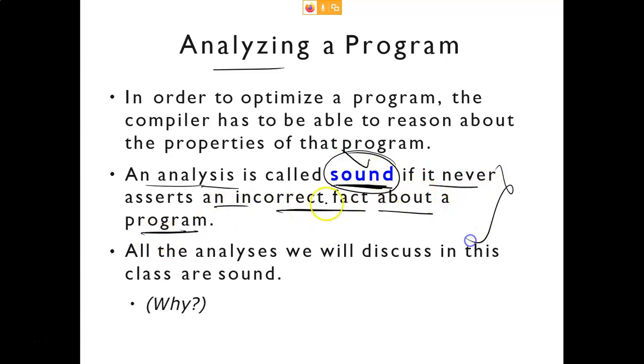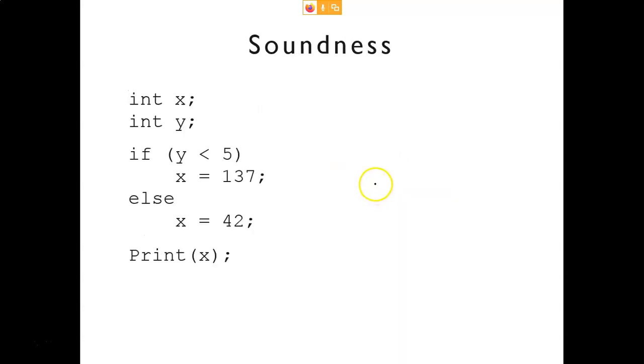As I told you in the last class also, sound means an analysis is called sound if you are not taking any risk. You should not take any risk at all. So let's see this by example.